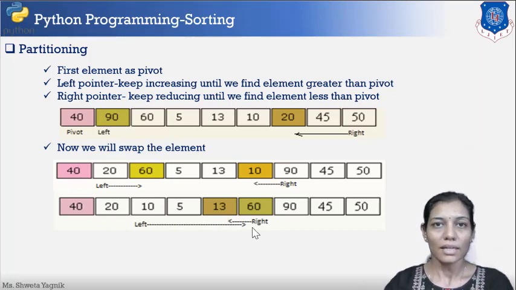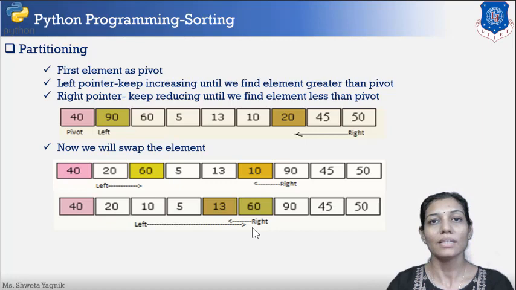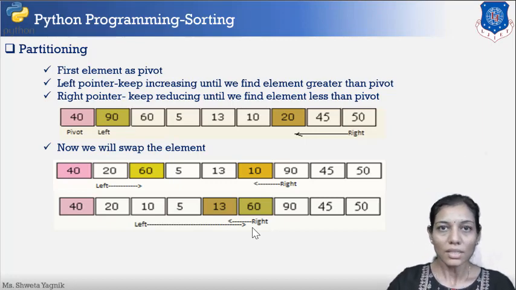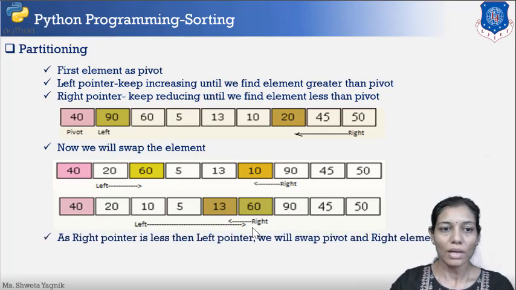Now we cannot straightforwardly swap the left and right elements, because left is no more lesser than right. The index value of left has become greater than the index value of right. So in this case we cannot swap these values.